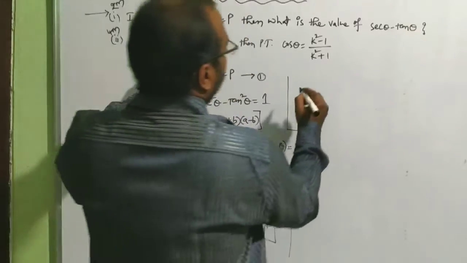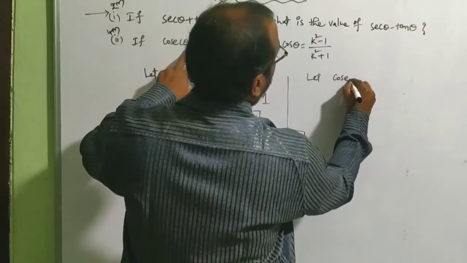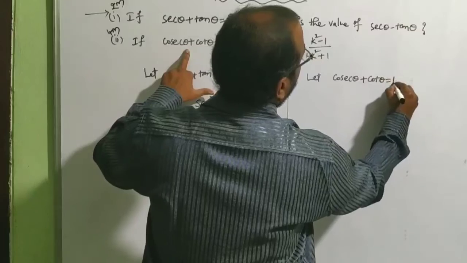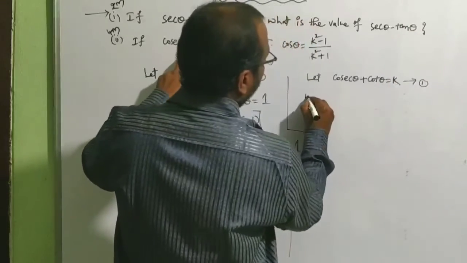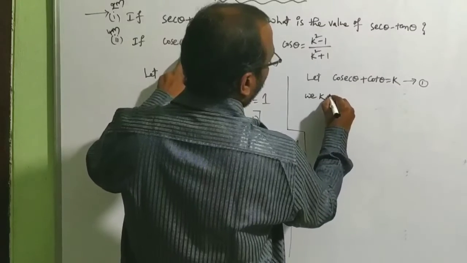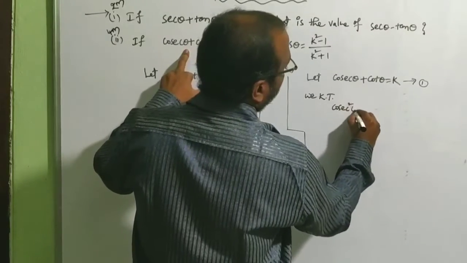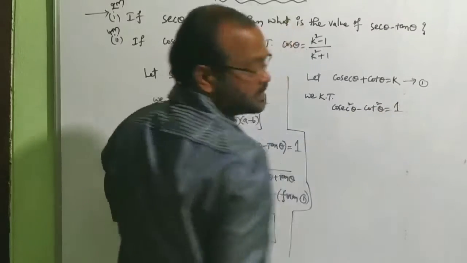What is given here? Again, let cosec theta plus cot theta is equal to k. Again, take this as 1. We know that cosec square theta minus cot square theta is equal to 1. So this is our identity.